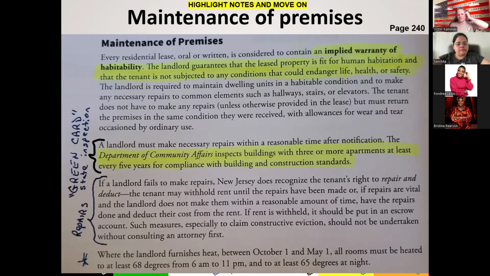So if you do the repair and deduct route, make sure you get 3 legitimate price quotes. Try to save the landlord money before doing any repairs. And make sure that you first notified the landlord, giving them the opportunity to do the repairs first. They may have their own superintendent there that could do the work.